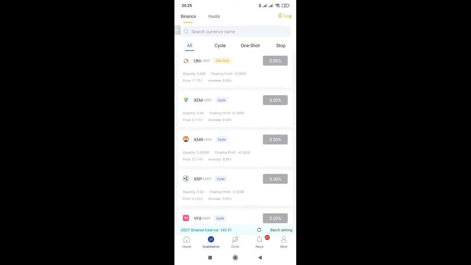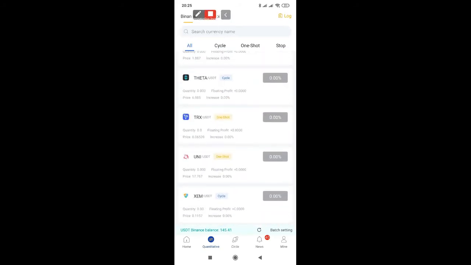Now first you select. Let me explain this. You can see at the top here, this is cycle, this is one shot. Cycle means you want to create a loop such that it will be buying and selling, buying and selling.